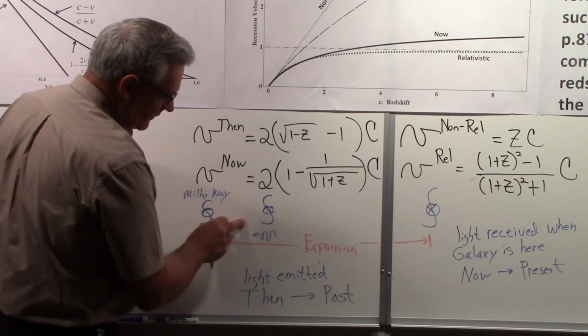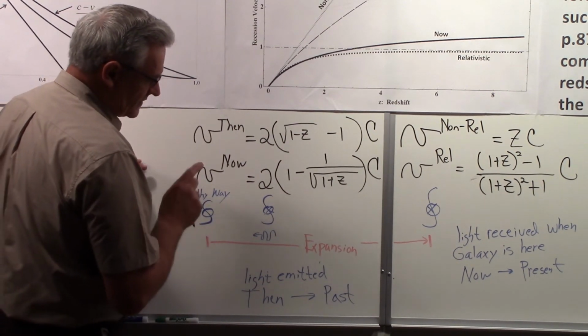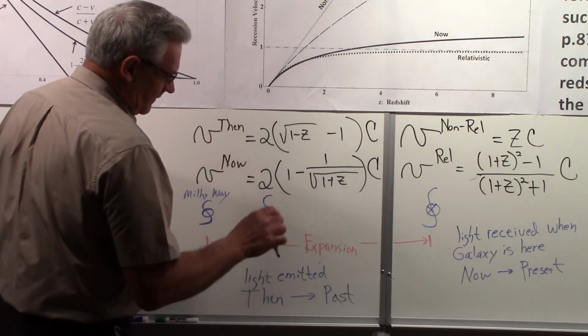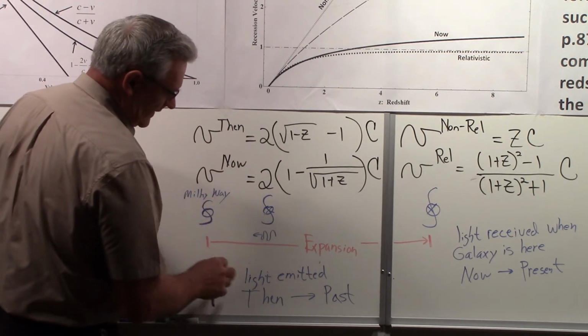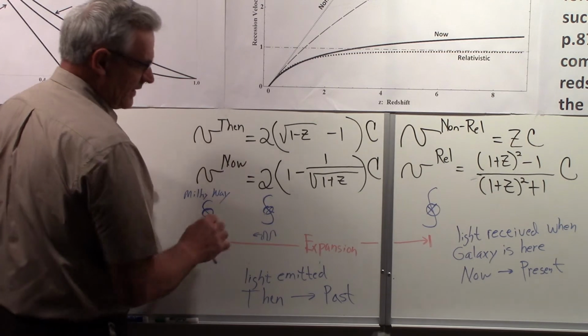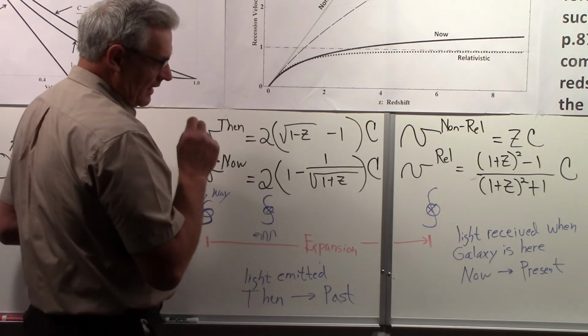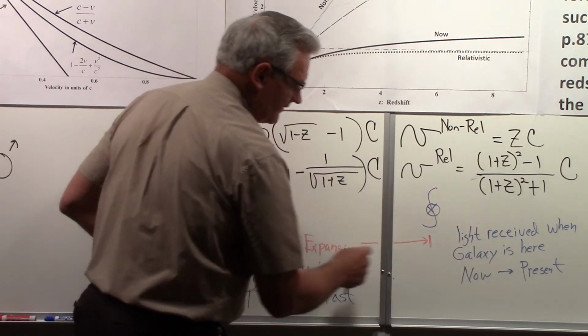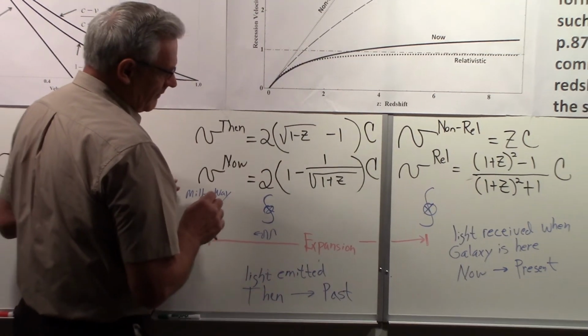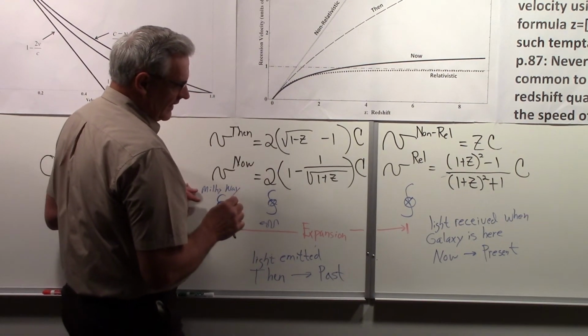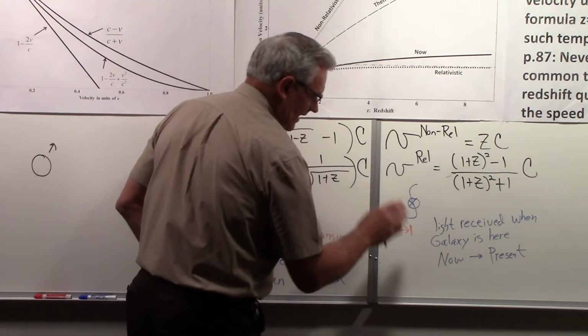So when this light was emitted, that was in the past. That's considered the then. That's when the light was emitted. When the light is received back at the Milky Way, that's considered the now.